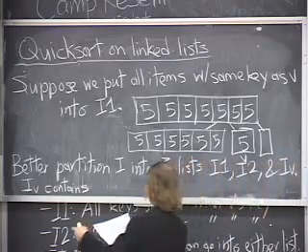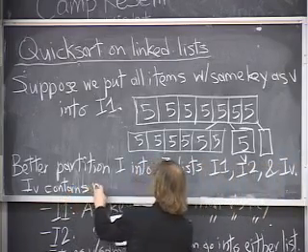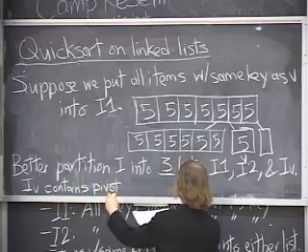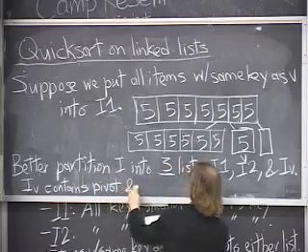You might as well just throw everything whose key is the same as the pivot into this list, including the pivot itself.